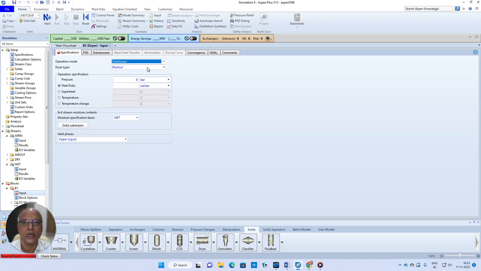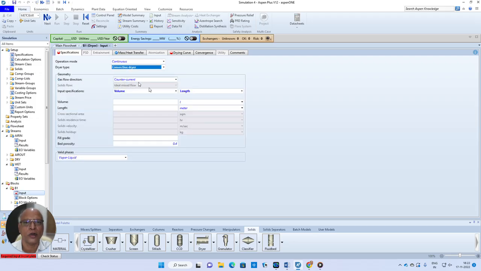So it's a continuous dryer. We had 1 bar. The details we are given with: co-current dryer. The dryer type we can select is convective dryer. So instead of volume, we were given the residence time.